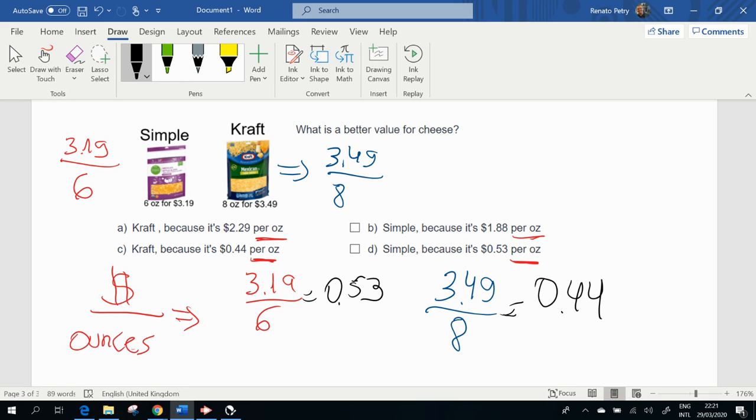Now, which is the better deal? Think about paying 53 cents per ounce or 44 cents per ounce. 44 cents per ounce, right? So my best deal would be letter C, buying Craft, because it's 44 cents per ounce.